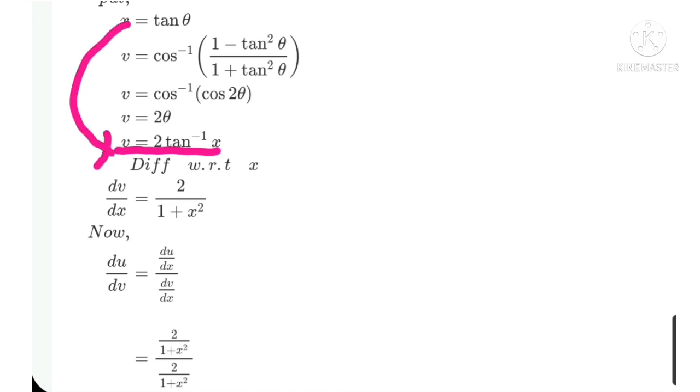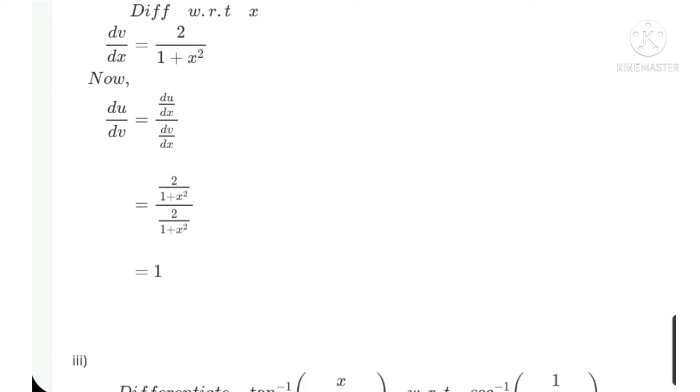Theta is tan inverse x. Differentiate with respect to x, and we get dv by dx is equal to 2 into 1 upon 1 plus x square. Now du by dv is equal to du by dx upon dv by dx. Put the values, and we get the final answer 1.